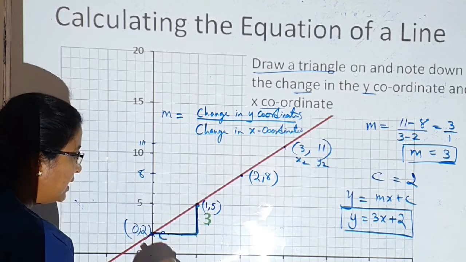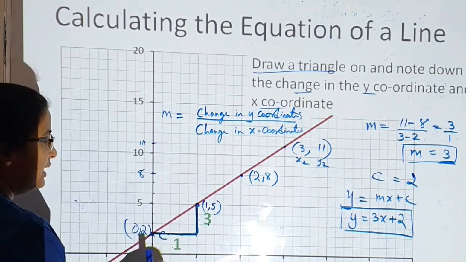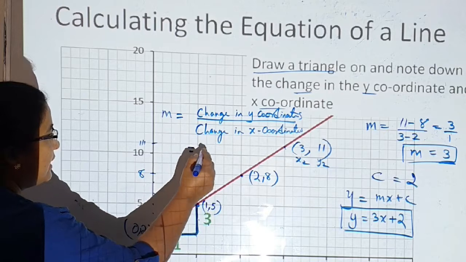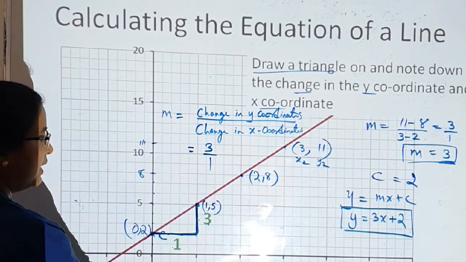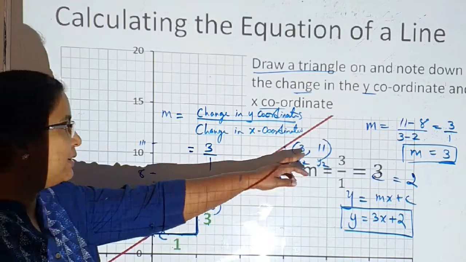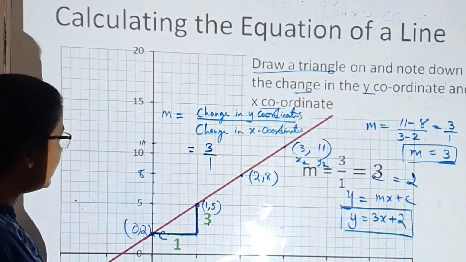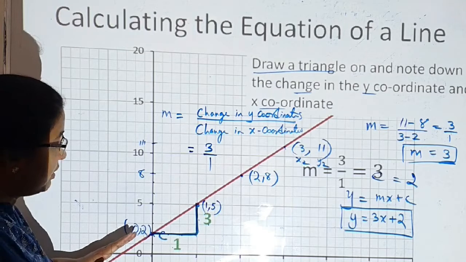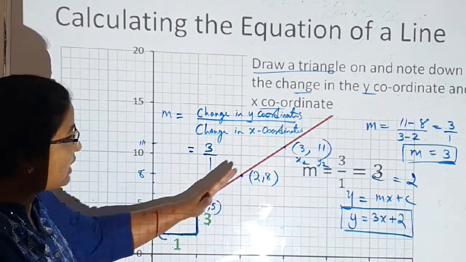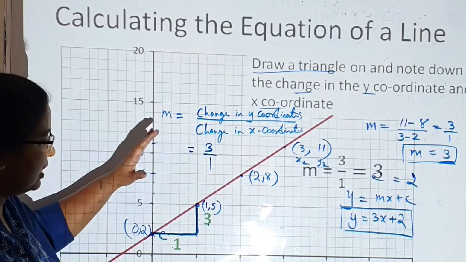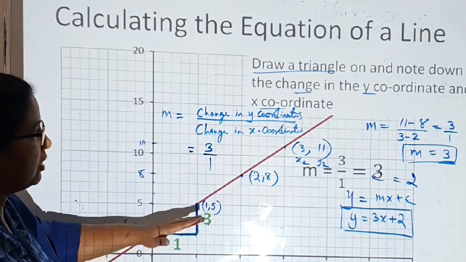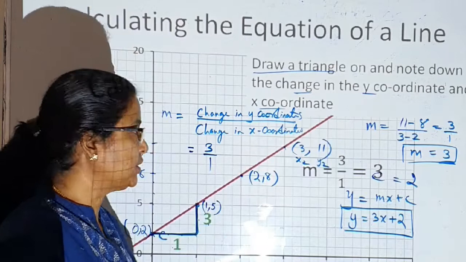So the change in y is 3 and the change in x is 1. 3 divided by 1 gives 3. And since the graph is moving upward, the gradient is positive. You can use this method or the previous method which I taught you.